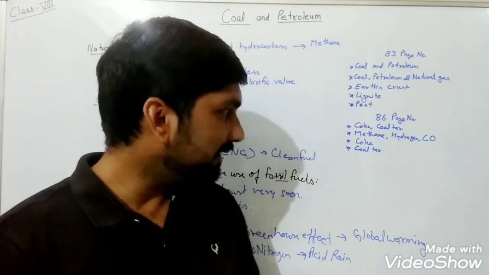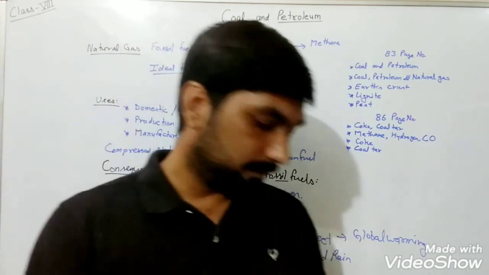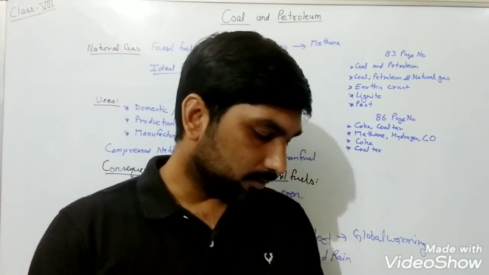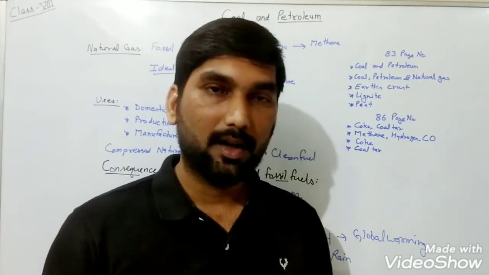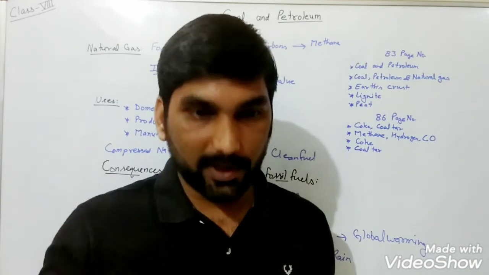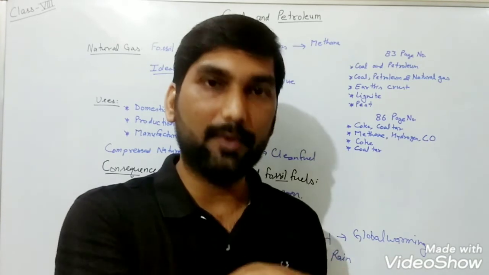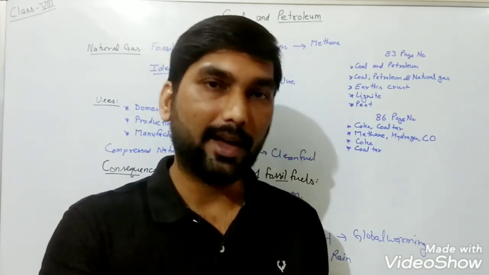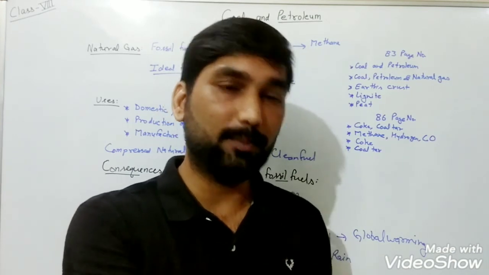Then on page number 90, one more exercise is given, which again has 5 questions. It is asking, where does petroleum occur? Petroleum occurs at places deep inside the earth where ancient seas were present. This answer was given to you in the assignment in the previous video.